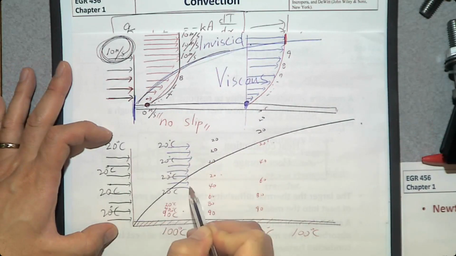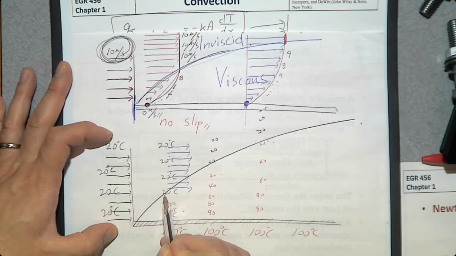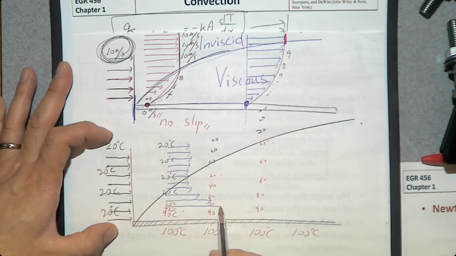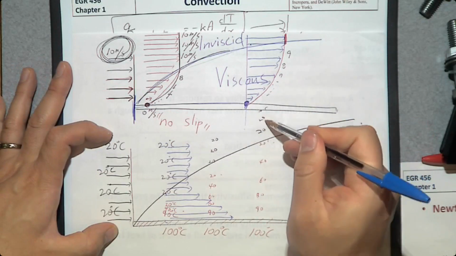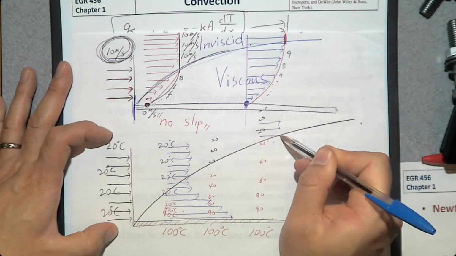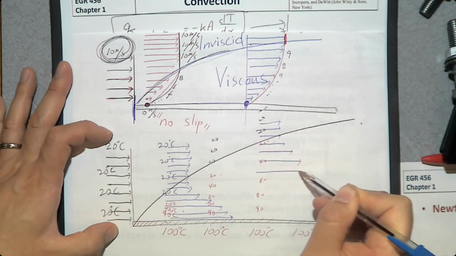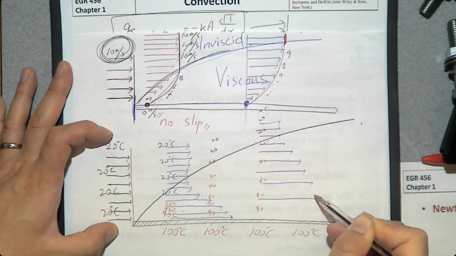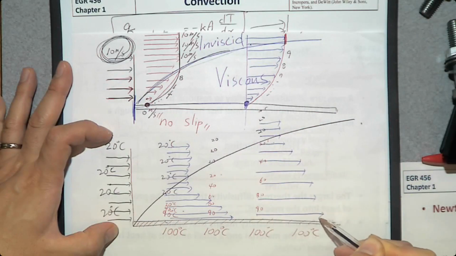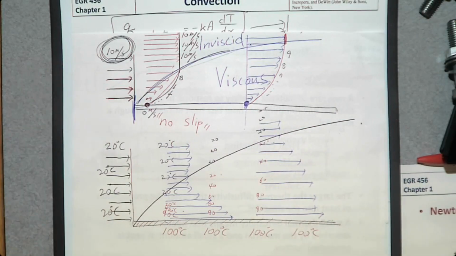And from this point, we have increased temperatures. And at the surface, we have the highest temperature, 100 degrees Celsius.